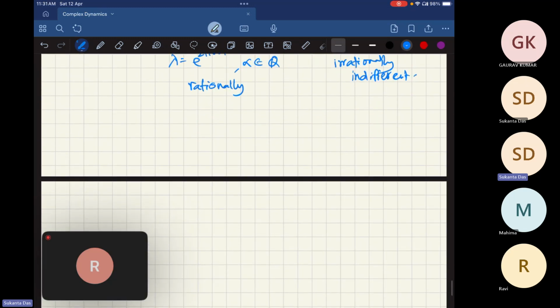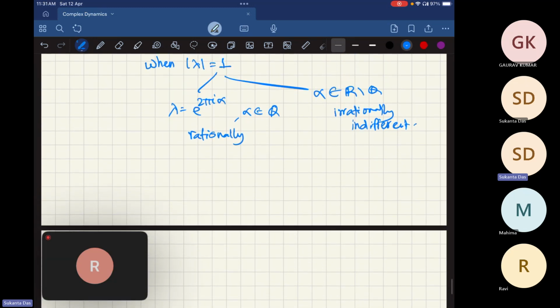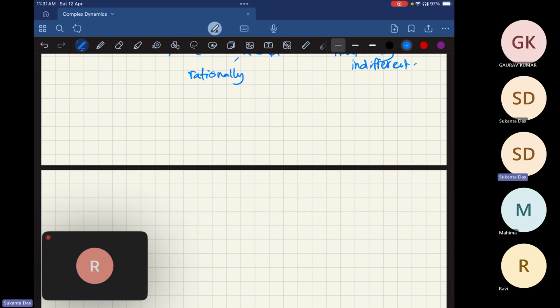Okay, now one more thing. The basin of infinity. What is the basin of infinity?